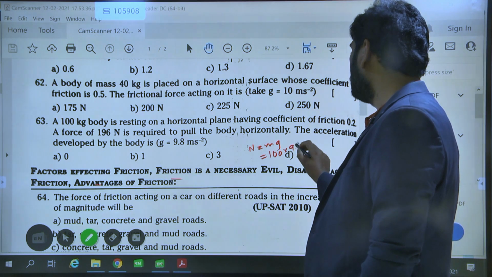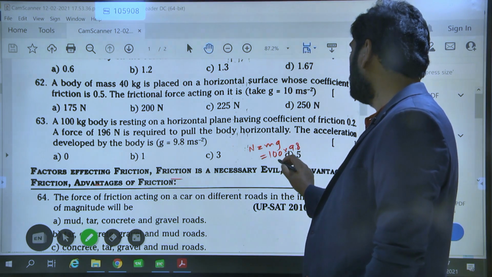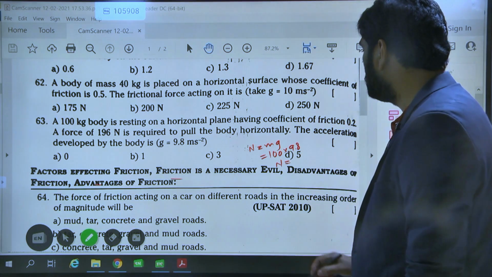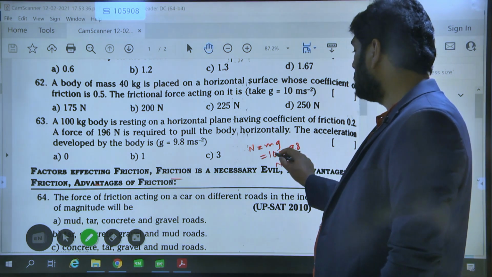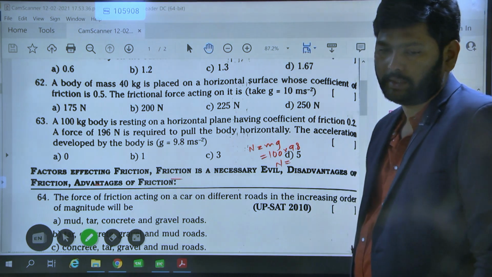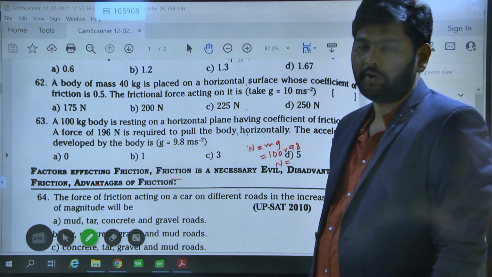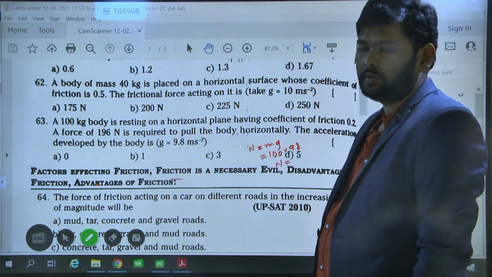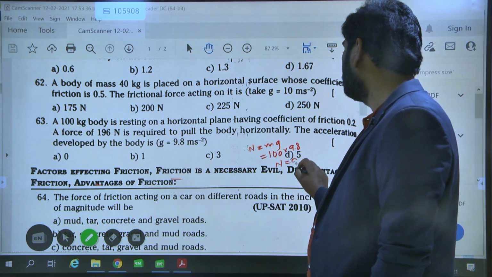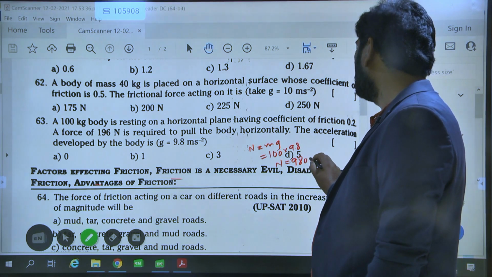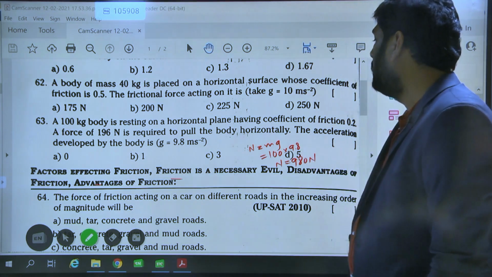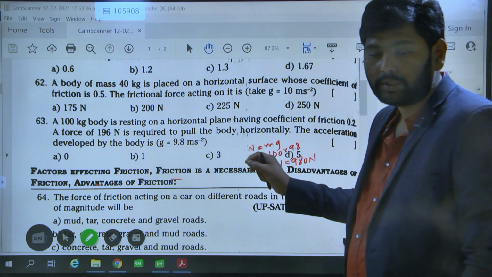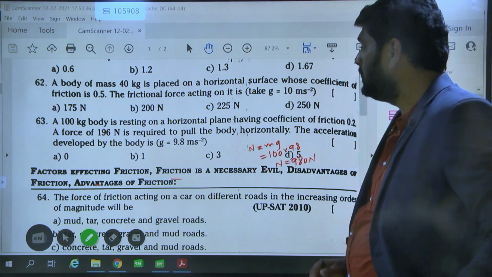So the normal reaction N is 100 into 9.8, that is 980 newtons. When the normal force is 980, then the frictional force will be what?